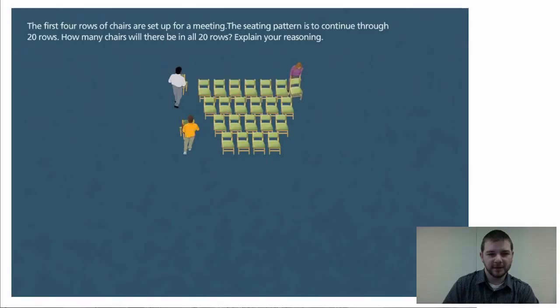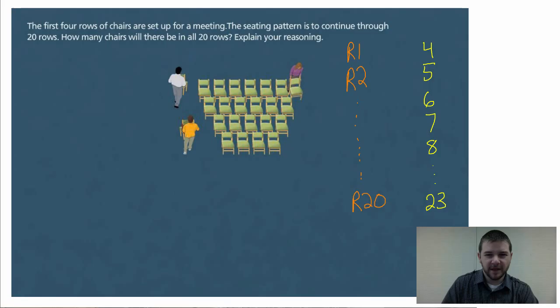Now, the first thing to do is to notice the pattern. It looks like the first row contains 4 seats, the second row 5, and then 6, and then 7, and we will have 20 rows of seats. Row 1 has 4 seats, row 2 has 5 seats.